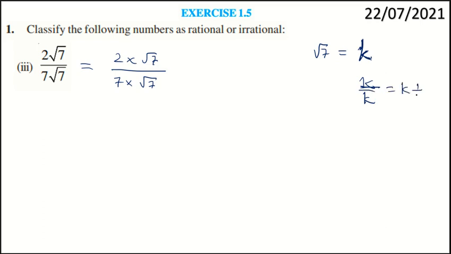You know k divided by k cancels and gives you 1. So similarly here root 7 cancels and gives you 2 upon 7 as the resultant quotient. Therefore the given number is again a rational number.